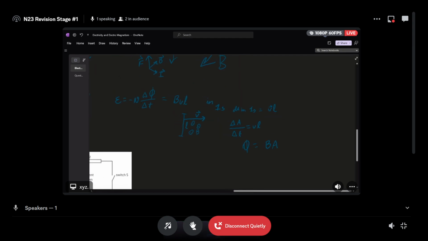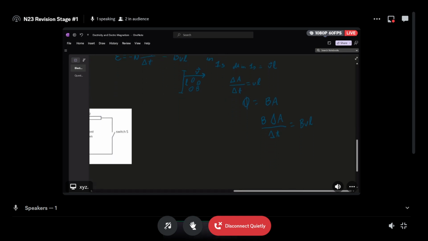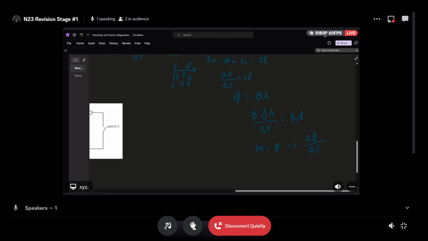So you get B times delta A over delta t equals BvL, and B times A equals flux, which implies that delta phi over delta t equals BvL.